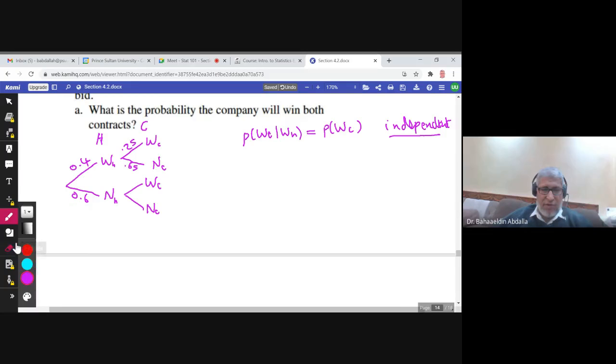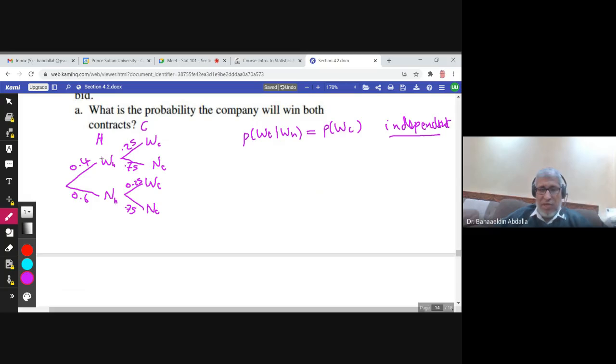The probability that it will not win is 0.75, sorry. And the probability that it wins is 0.25. It is not important whether it loses or wins the hotel. The probability that it will win the commercial office is 0.25 and 0.75 not winning.